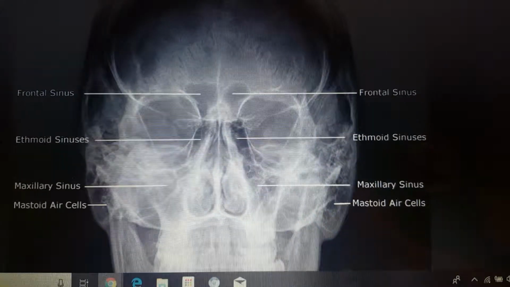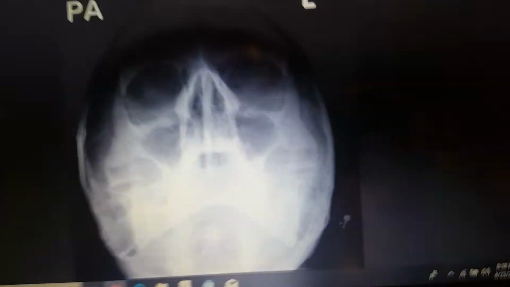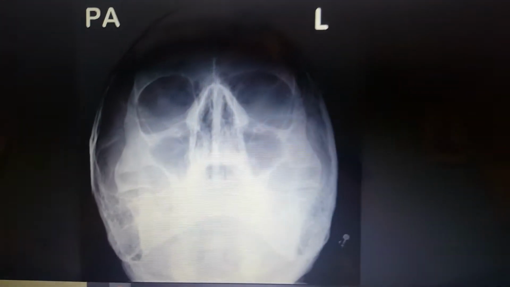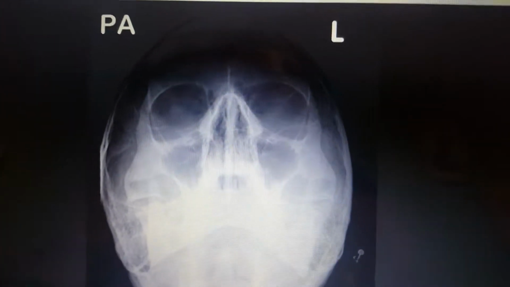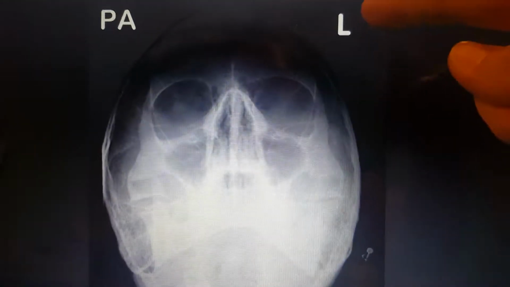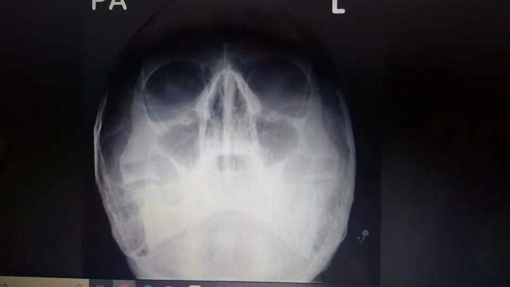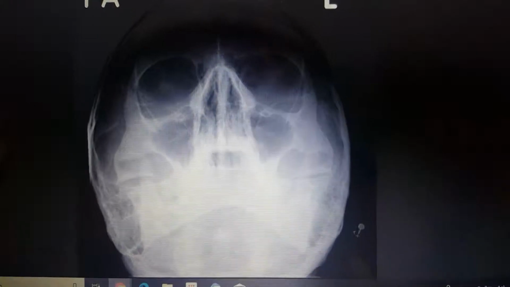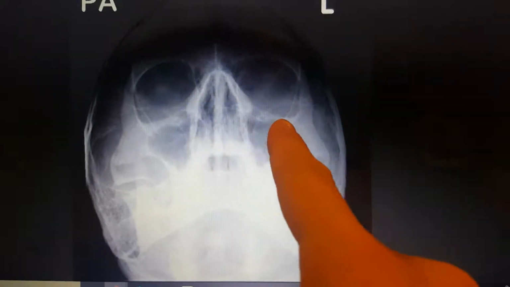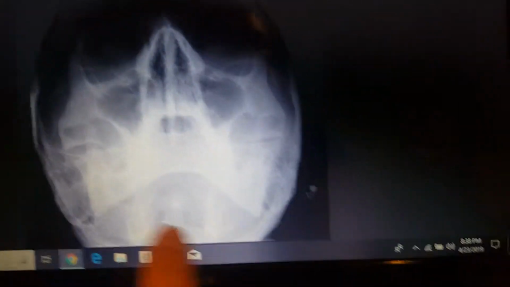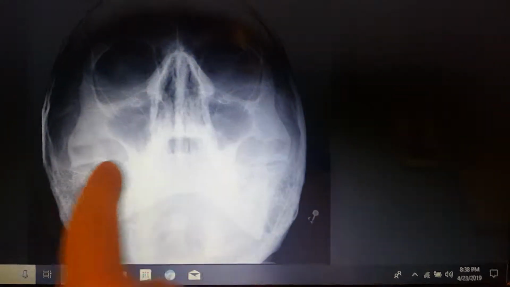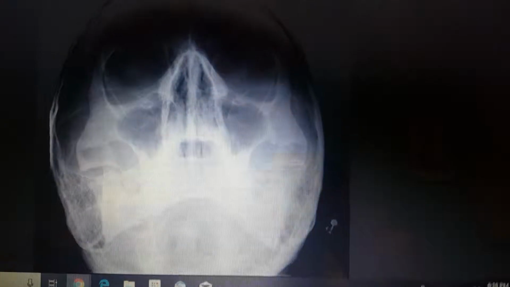For the second view, we have the parietoacanthial, or the Waters view. And you want to have, once again, proper collimation, marker in the image, good technique. You want to be able to see the maxillary sinuses. And you want the petrous ridges lying below the maxillary sinuses so that they're not in them.